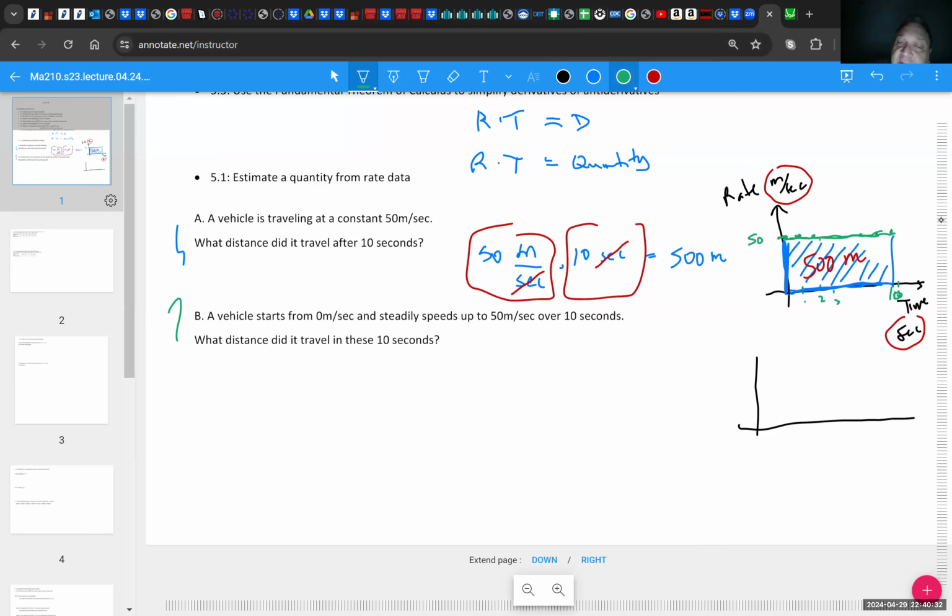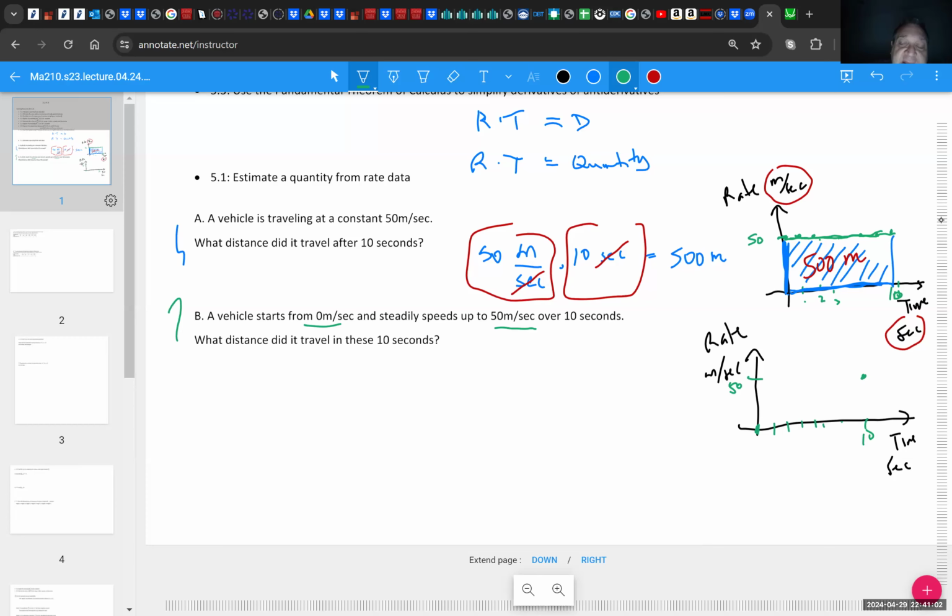The vertical axis is the rate, which is meters per second, and this is our time, which is seconds. At time 0, we're going 0 meters per second. So we start off here at time 0, and eventually we get to 50 meters per second over 10 seconds.